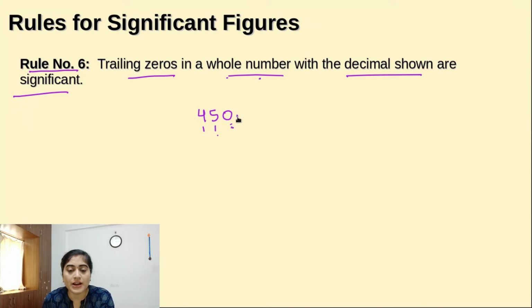But if you are giving a decimal like this, only the decimals shown are significant. If the decimal is showing, then this value comes under the significant digits. So if you are giving just 200, only one significant digit is there, 1. But if you are writing 200 point, then all 3 come under the significant digits.